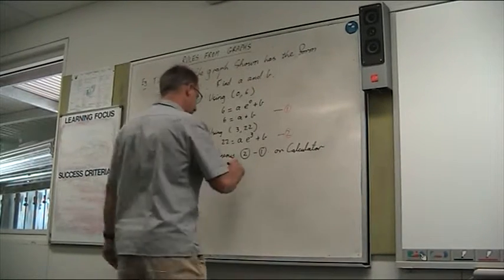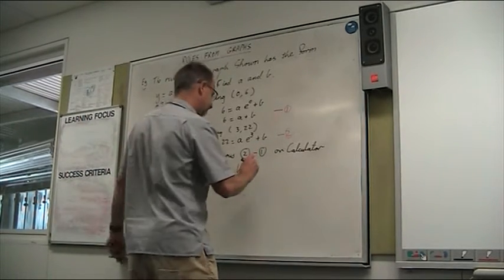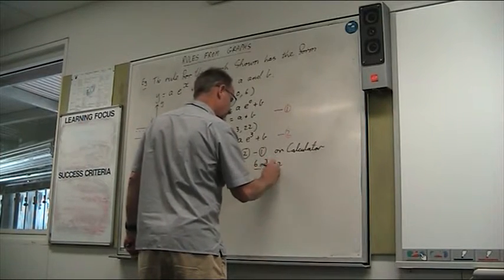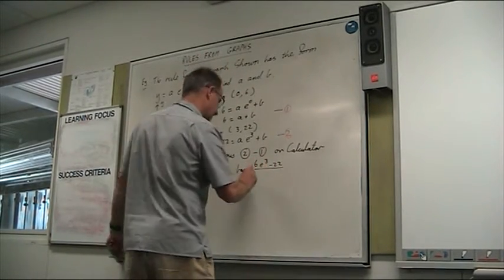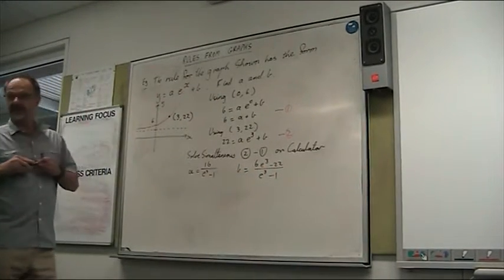And b will be equal to 6 e to the 3 minus 22 over e to the 3 minus 1.